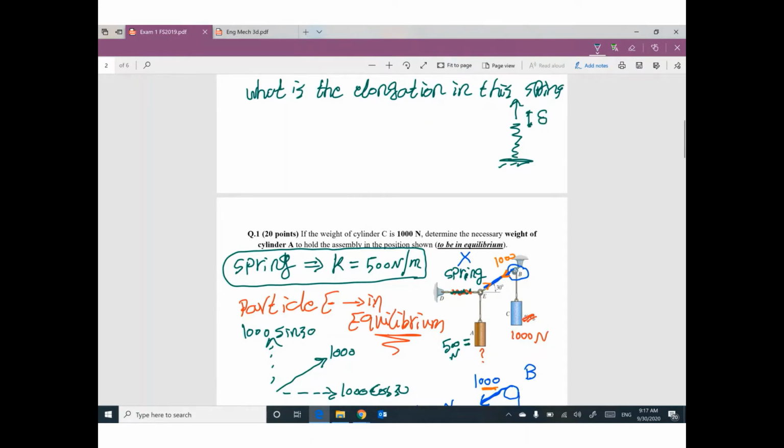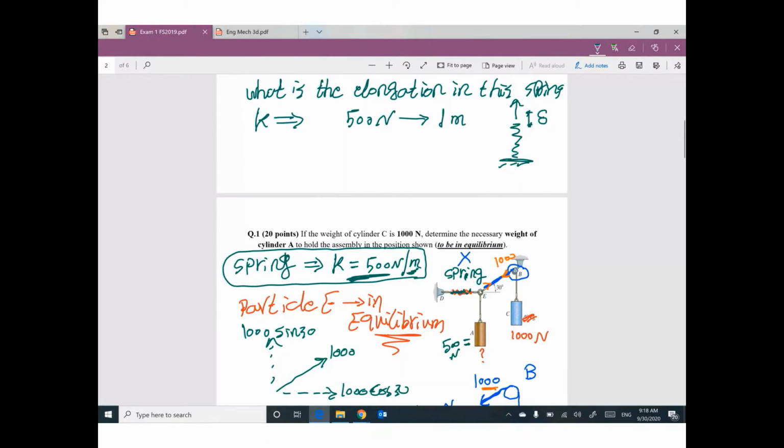So how can I figure out the elongation in any spring? It's very easy. The given stiffness K is a stiffness. What is the meaning of this stiffness? It's 500 Newton per meter. That means if you have a force of 500 Newton, this spring will be elongated 1 meter.